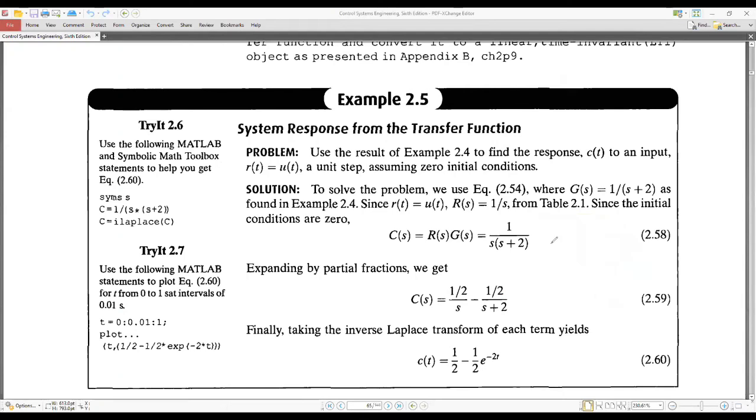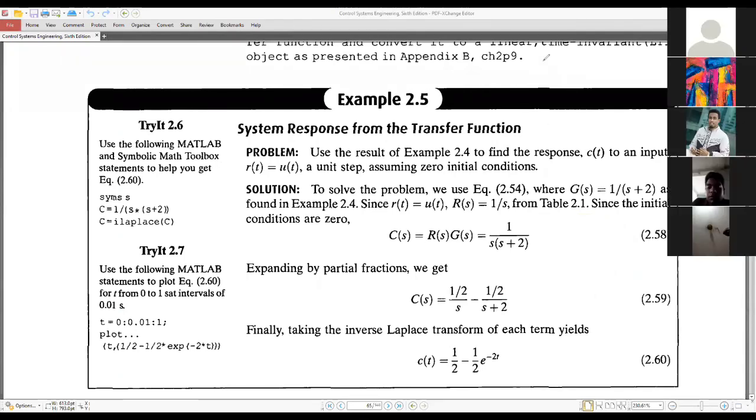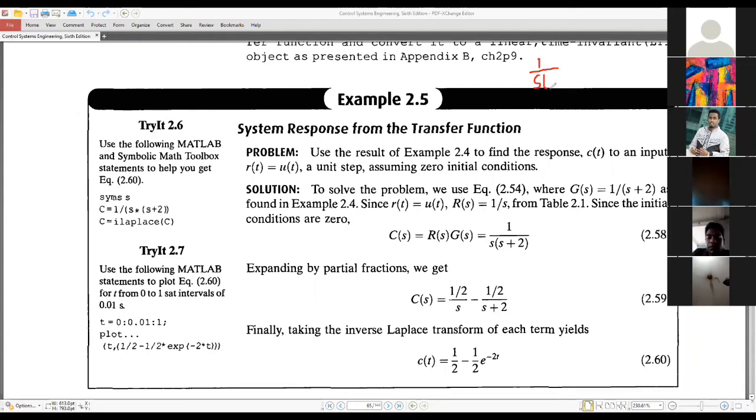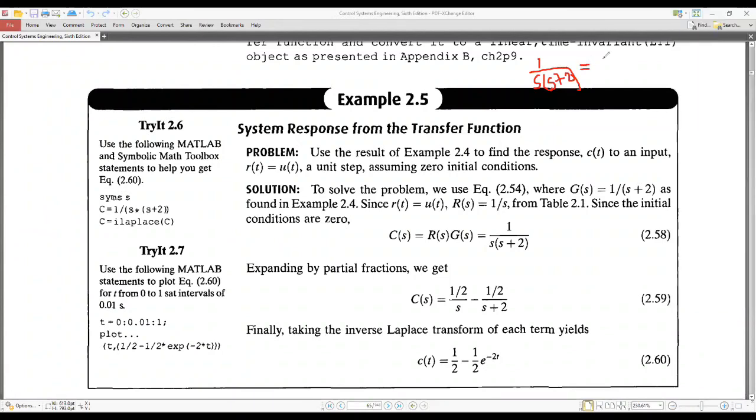Let me first write the equation: 1 by s into (s plus 2), and the equation is A by s plus B by (s plus 2).